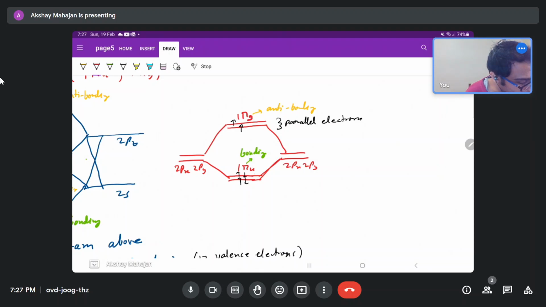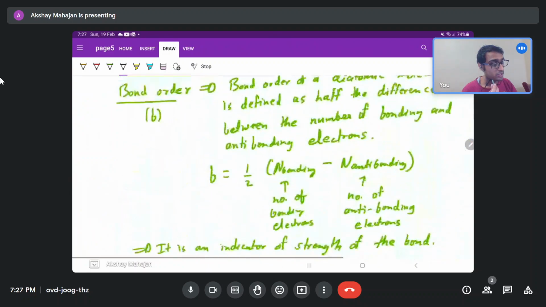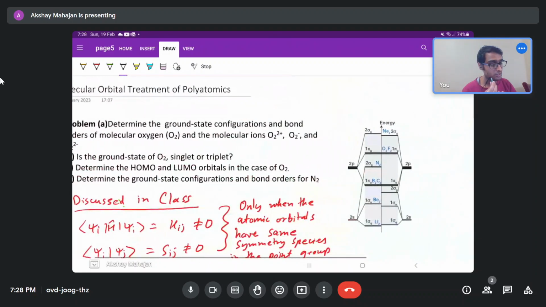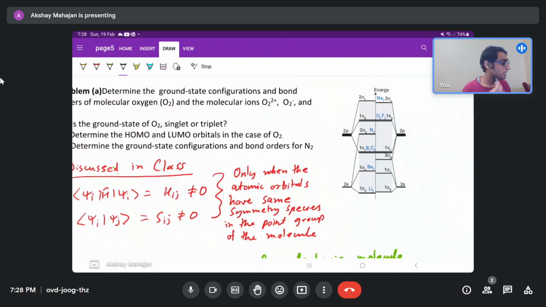From there we can see that these two valence electrons are parallel, so we have a non-zero spin. So our ground state is actually going to be a triplet state, because in the singlet state they are anti-parallel to each other, but these are going to be parallel.